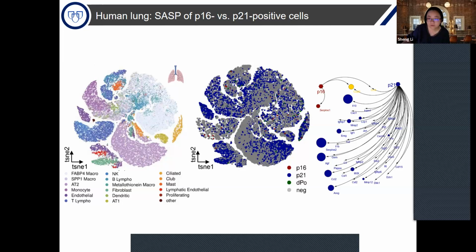And all these different red, blue, green dots, their definition for P16 or P21 positive is based on whether the cells express the genes at all or not, right? They don't have zero. They have some expression that's more than 0.